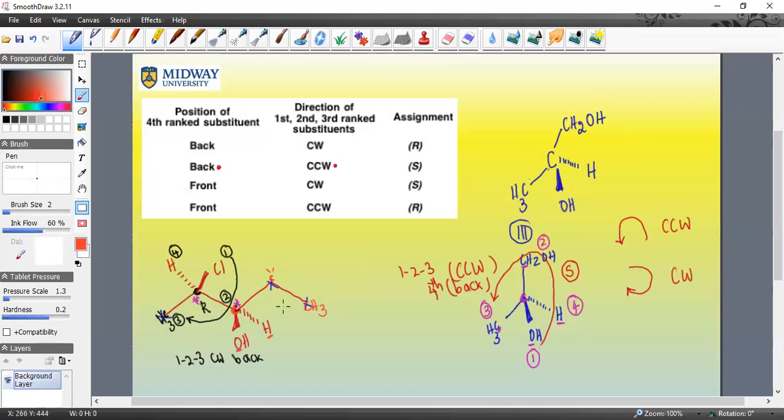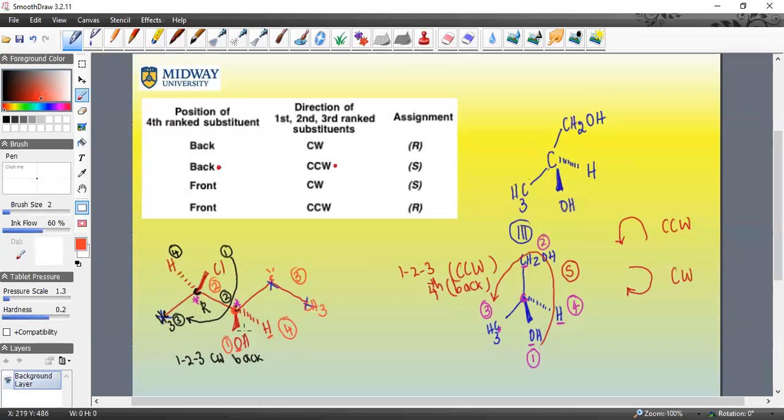Good. That means now we know this gets number 1 priority, because that's directly attached to an oxygen. Compared to a carbon and an oxygen, oxygen gets higher priority because higher in atomic number. Now for the 2nd, 3rd, and 4th spot, well, this is attached to a carbon, which is attached to a CH3 and 2 hydrogens, whereas this is attached to also CH3 but a Cl, so it's much bigger, heavier. So this will be number 2. And this will be number 3, and the hydrogen would be number 4.